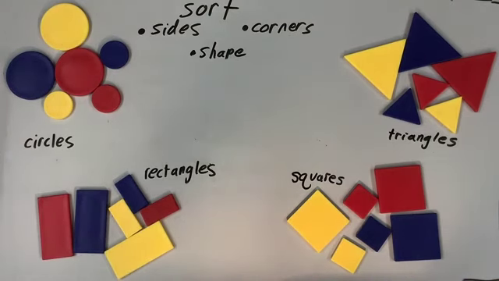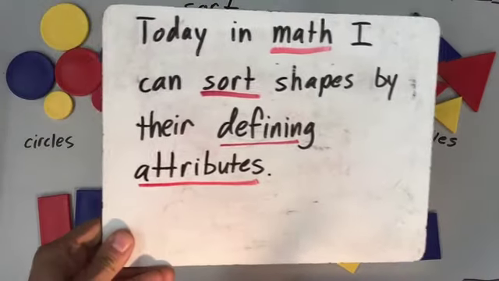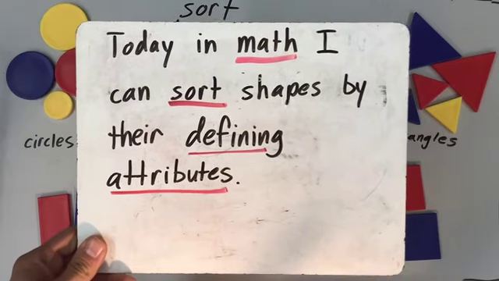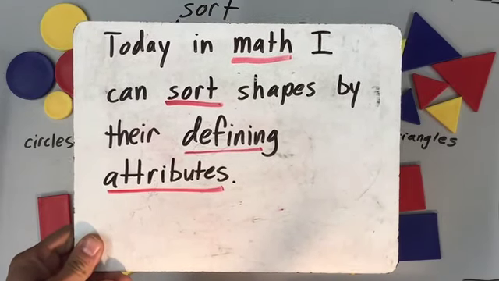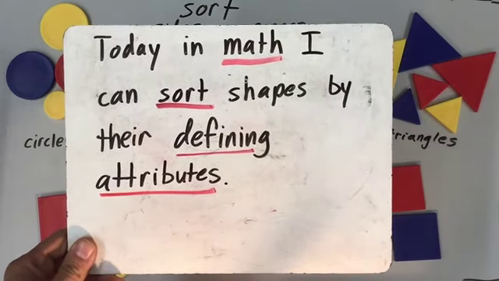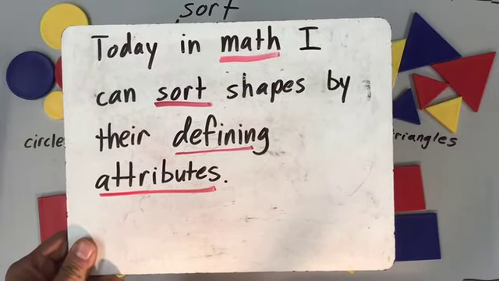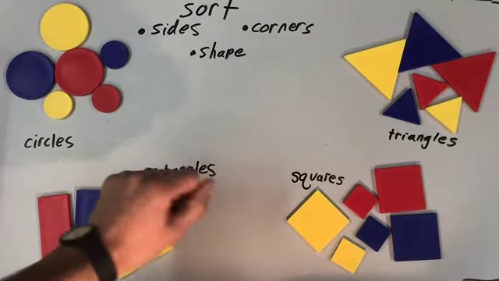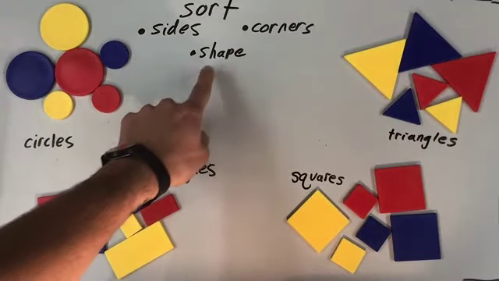So I want to ask, were you able to sort shapes by their defining attributes? We did. We did sort some shapes by their defining attributes. And those attributes were the sides, the corners, and for the last sort, by shape.